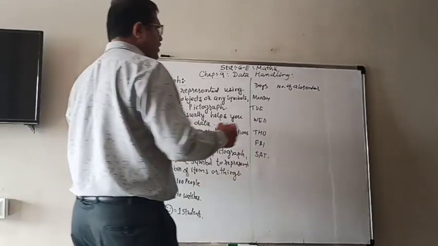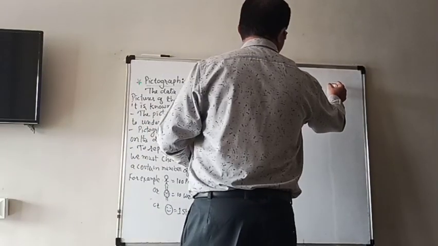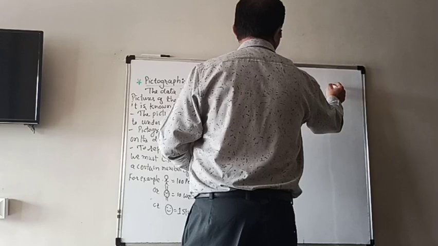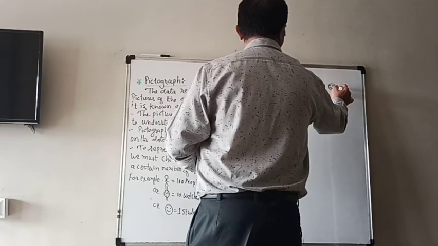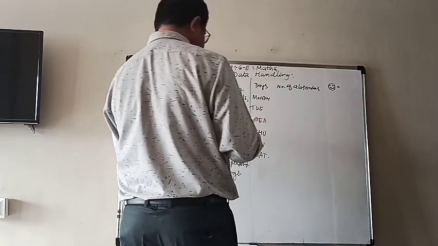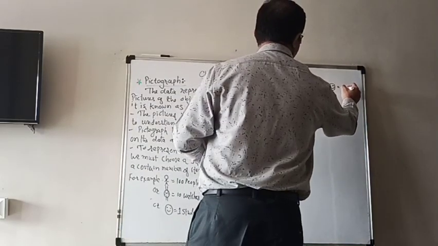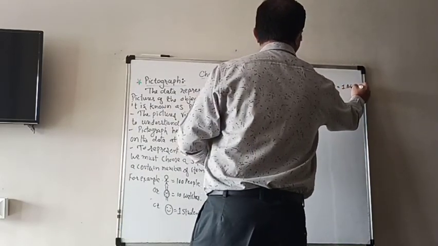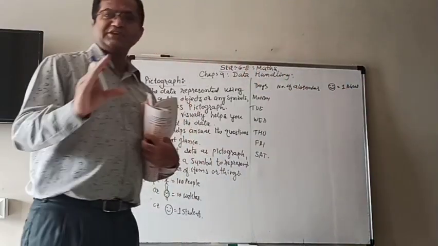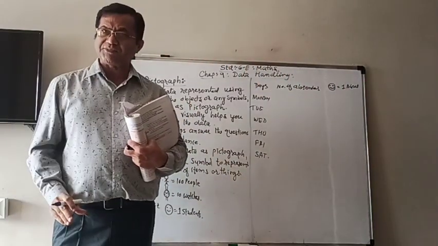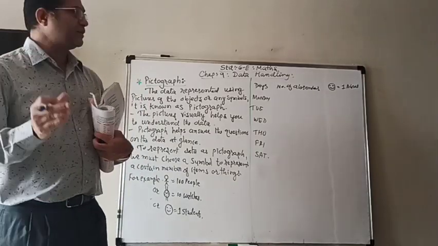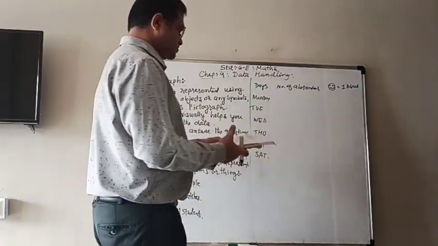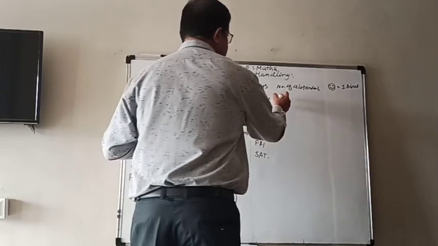They gave a figure here, but I am taking the smiley, and they took it as one absent. It means that if you see one picture, one student is absent. If you see 3 pictures, it represents 3 students. So now Monday I saw this.